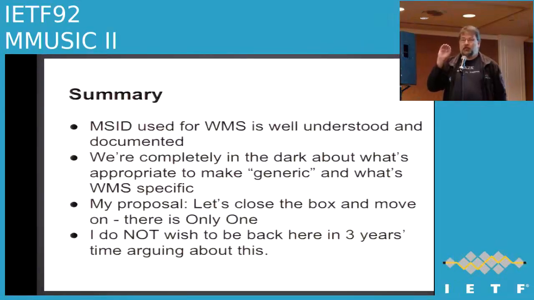It's in section 4 point, I forget which, in the draft, the one that says compatibility with old stuff. That's the only place where you need some marker that is not an MSID.